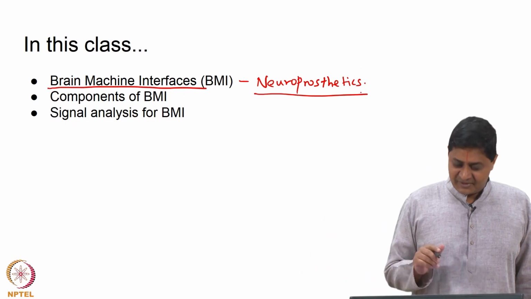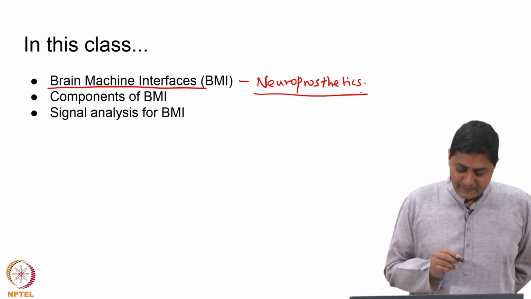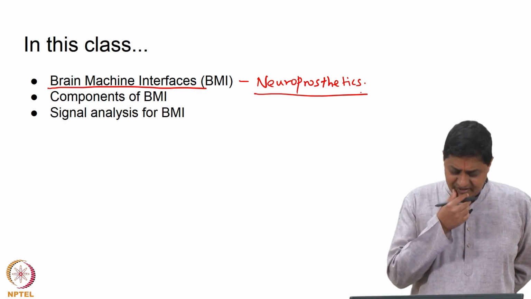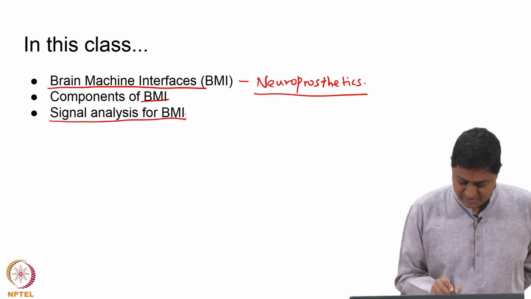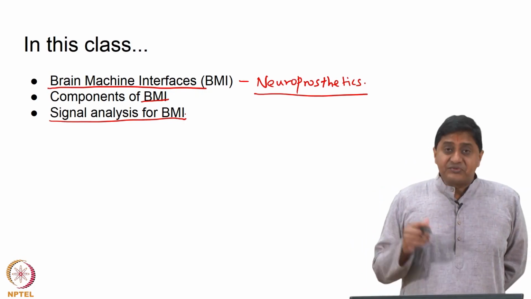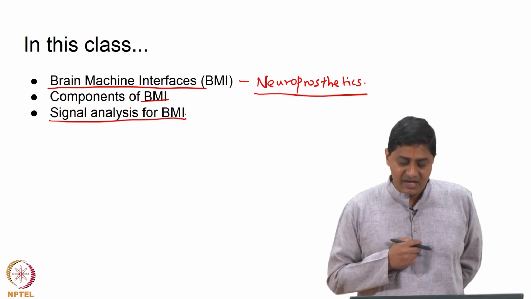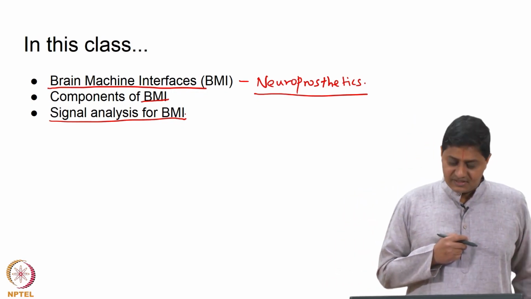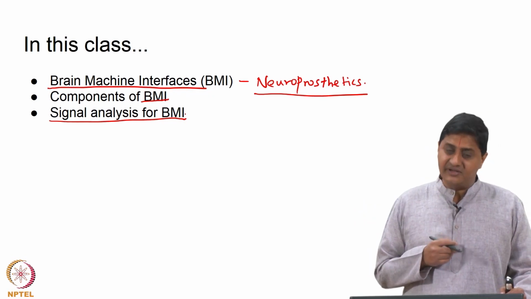So this topic is neuroprosthetics, and there are several components of brain machine interfaces and how to perform signal analysis from brain machine interfaces. Fortunately, a substantial amount of progress has been made within prosthetics, not necessarily in the movement generation field, but in a different field.